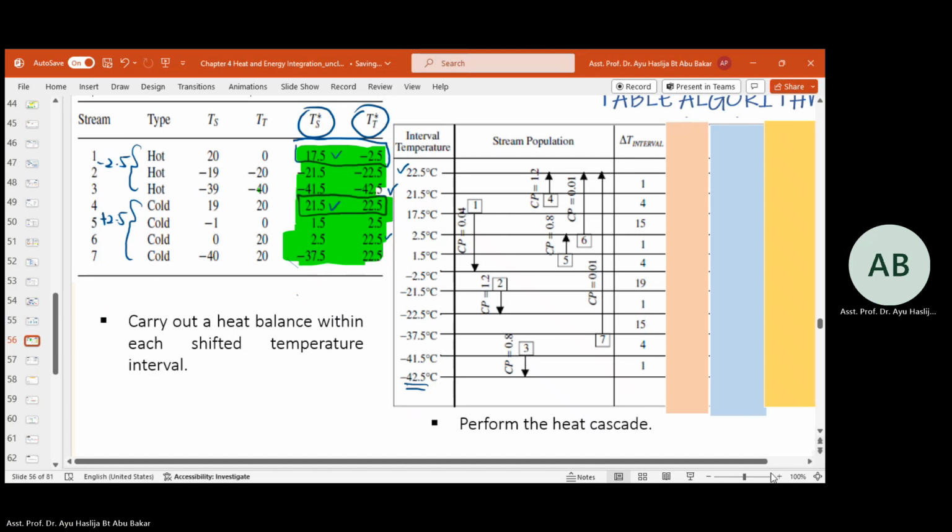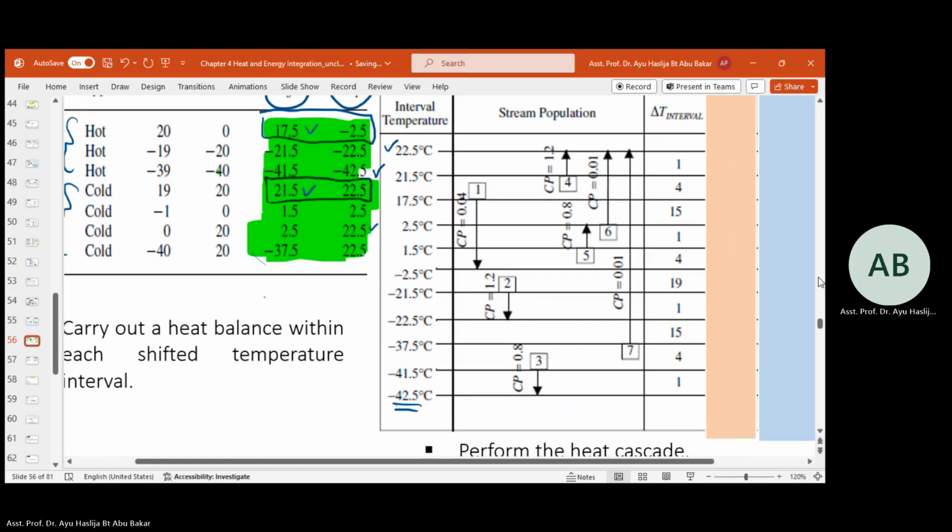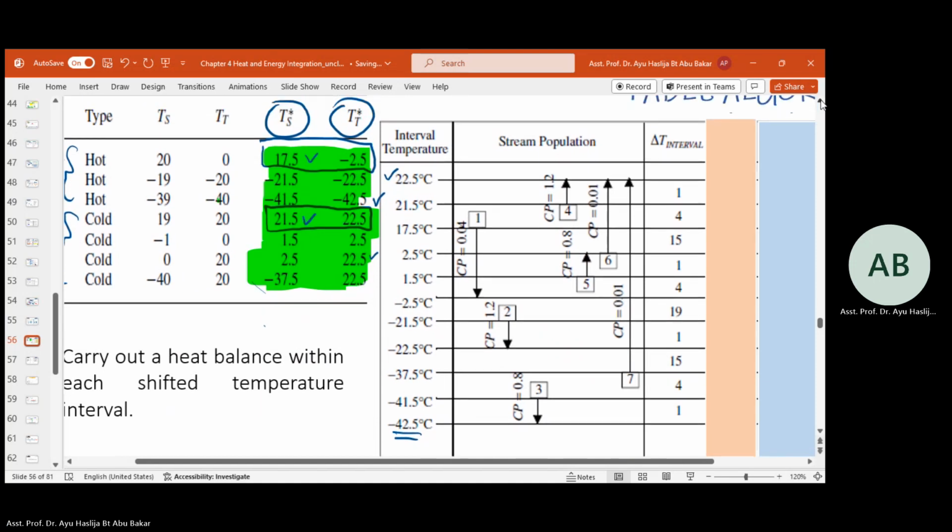Clear? Okay, again, arrange the interval temperature based on the shifted temperature in descending order.